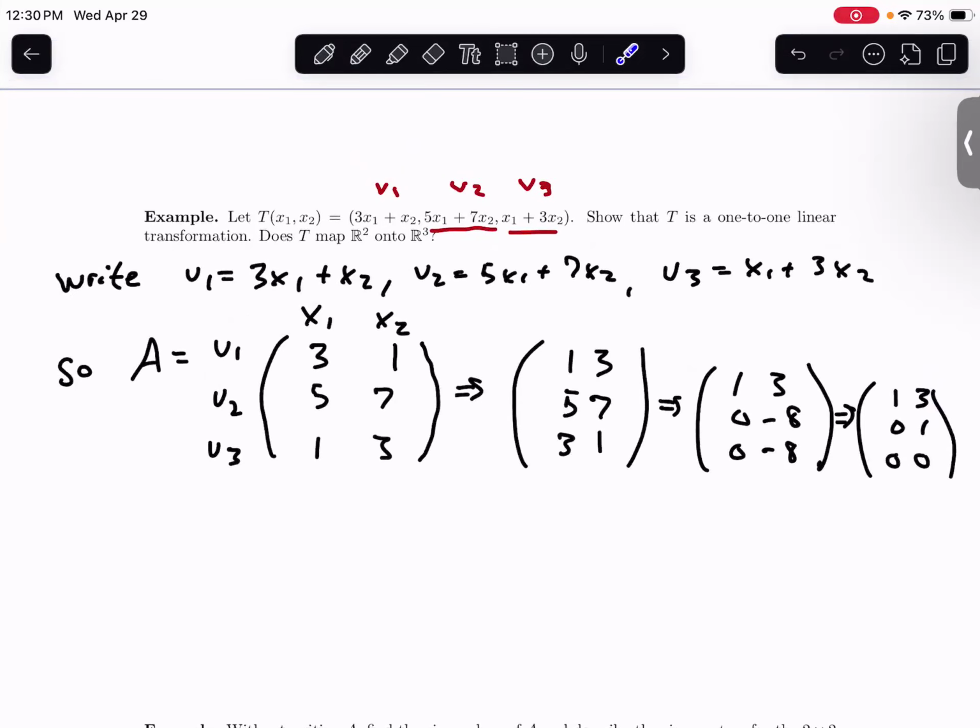And so in row reducing, what we found is that every single column is a pivot column. So we don't have any free variables. And so we can say the following: the columns are independent.